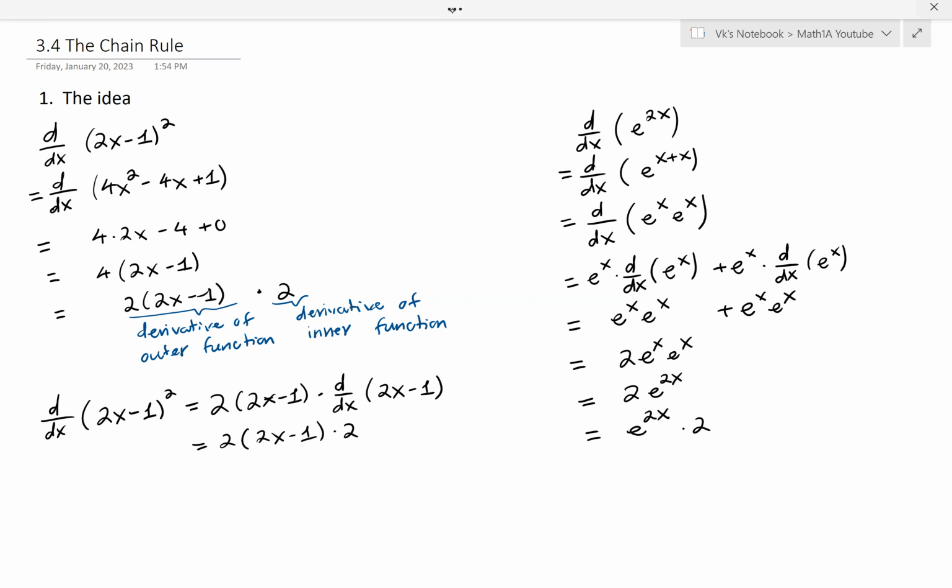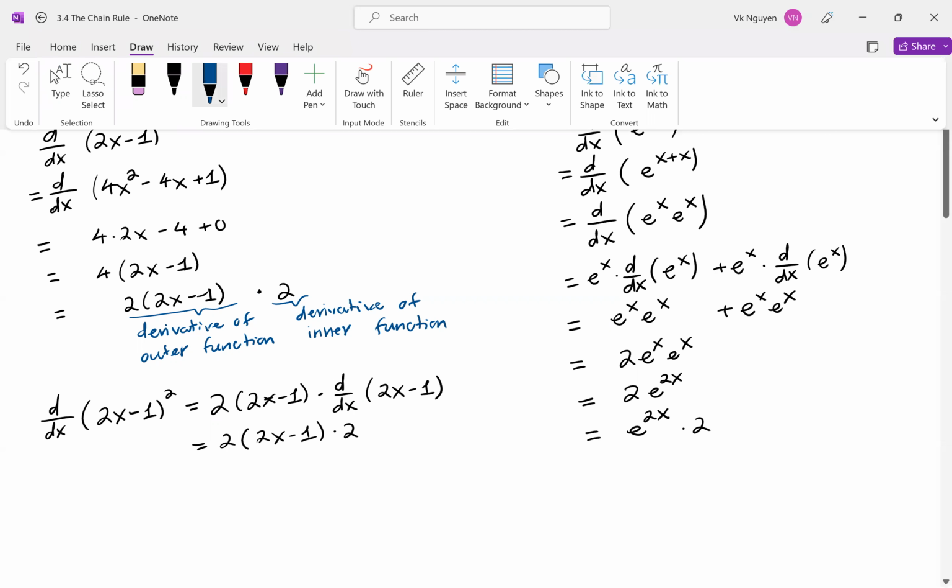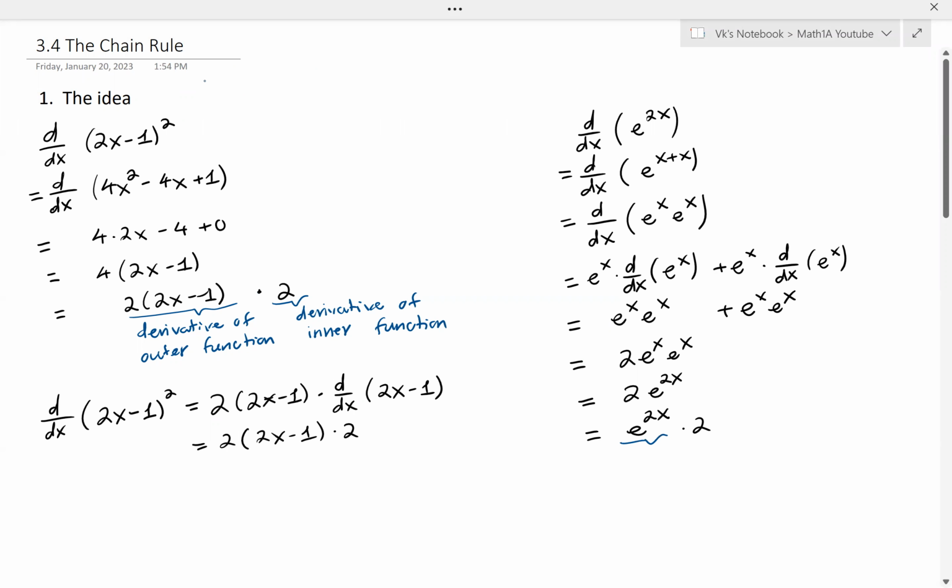Well, notice that e to the 2x is the derivative of the outer function. That is the derivative of e to a function in terms of x. And 2 is the derivative of the inner function.